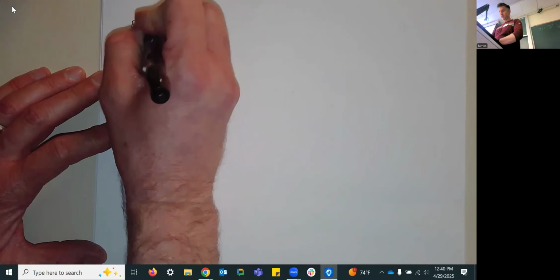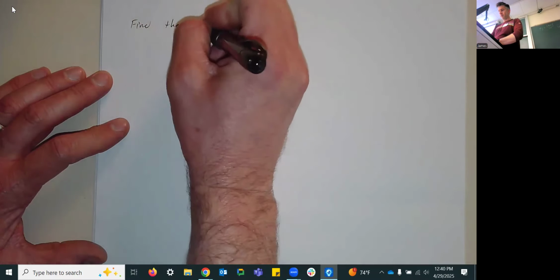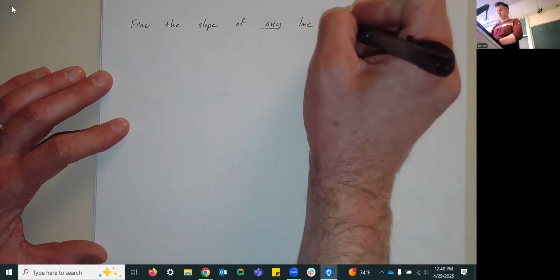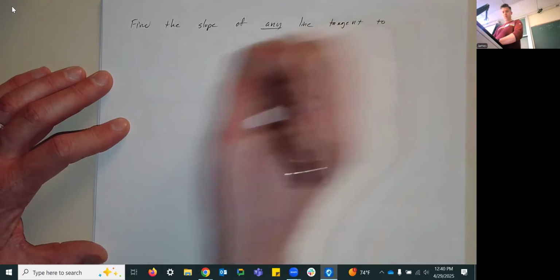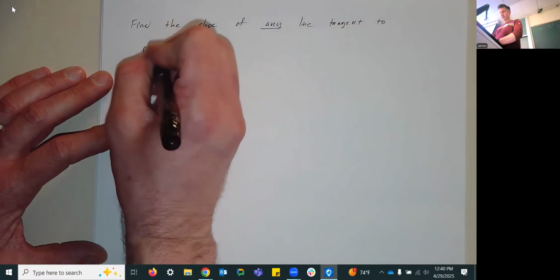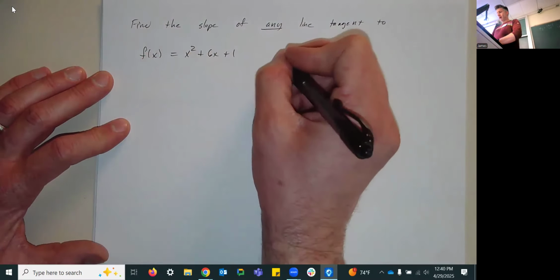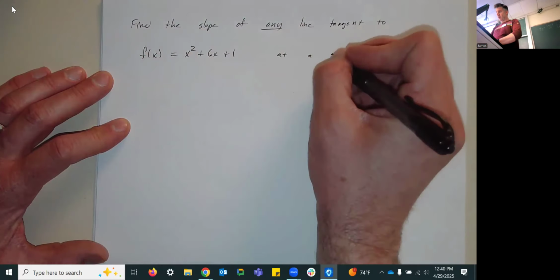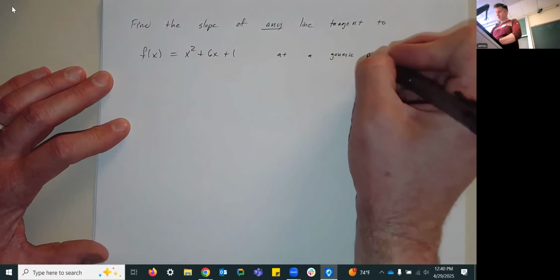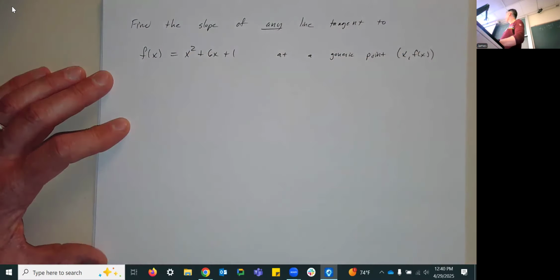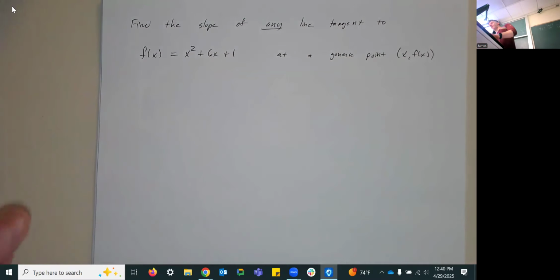So let's say we want to find the slope of any line tangent to the function f of x equal to x squared plus 6x plus 1 at a generic point x comma f of x. And again, we don't really need a graph here, but I still like drawing it to see what's going on.